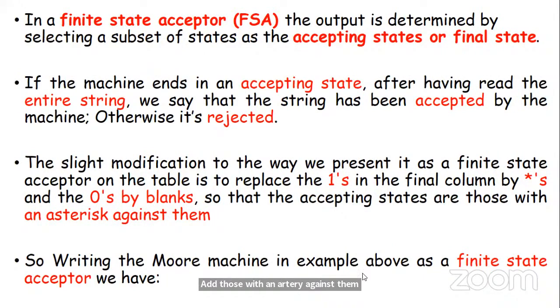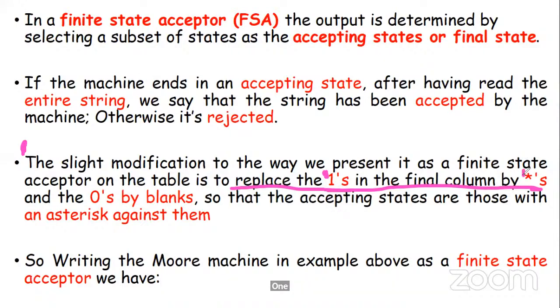So now please pay very close attention to this point. It said that in the truth table, we indicate the accepting state by what? 1. And once we remove the 1, we can put an asterisk to indicate.